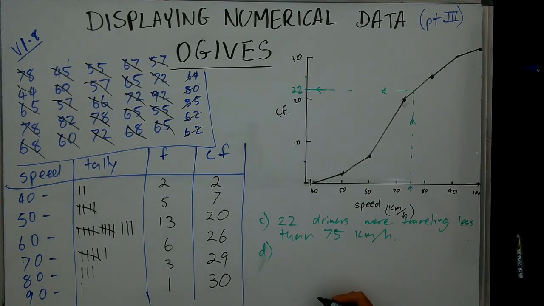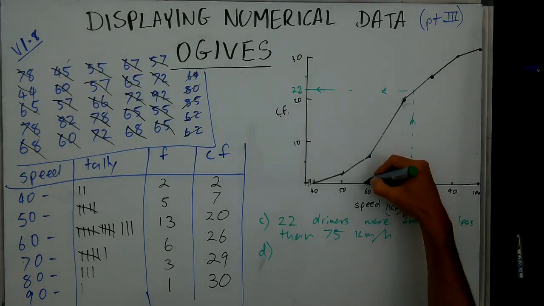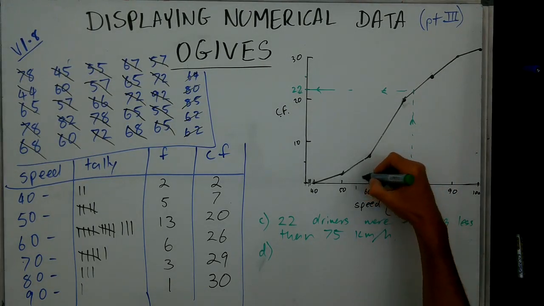Question D. What fraction of the vehicles were travelling at a speed of less than 58 kilometres per hour? So 58 would be 55. Let's say it's about there.